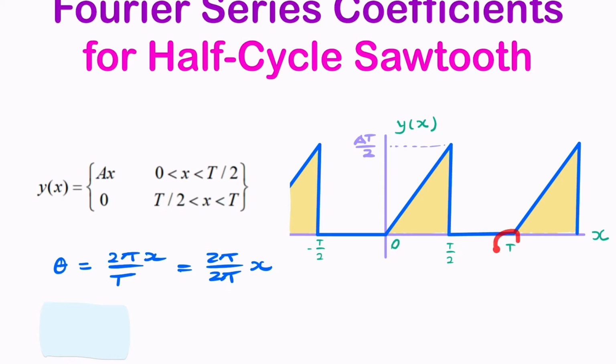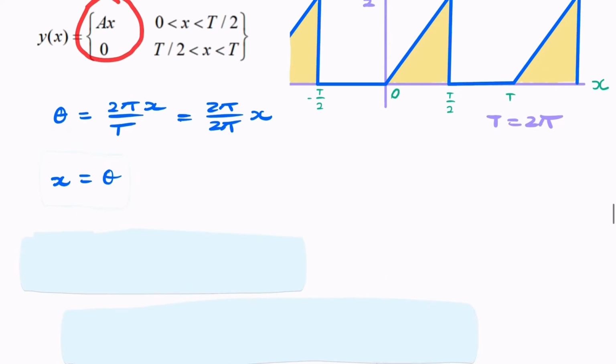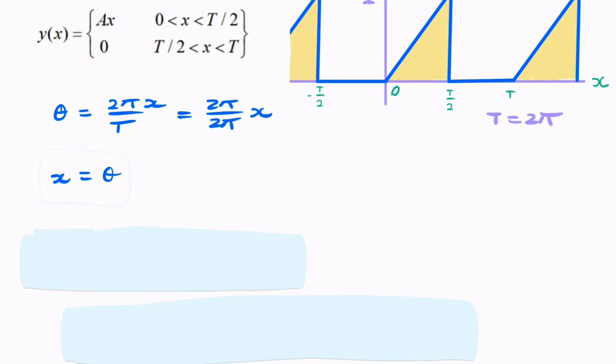So if T were 2 pi, we'd have theta equals 2 pi divided by 2 pi times x. So I'm assuming T here is equal to 2 pi. So now I can rewrite that as a theta, and then go ahead and calculate the coefficients.